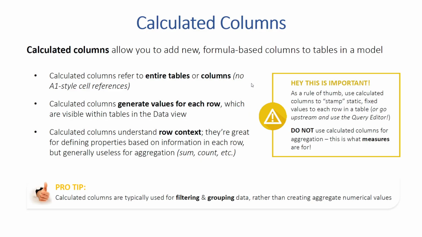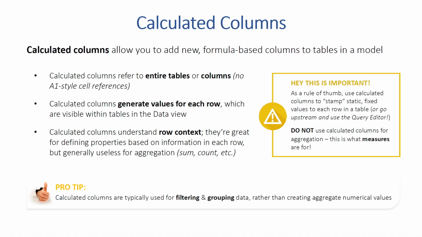Let's try to understand more deeply the calculated column. A calculated column allows you to add a formula-based column to a table in the model. Actually, calculated columns are just like the other columns in the table, with no A1 styling difference.